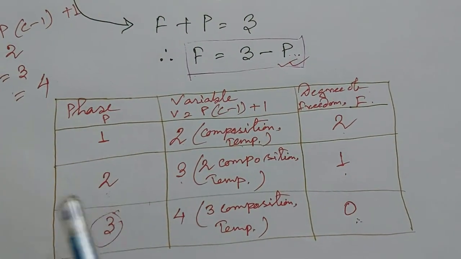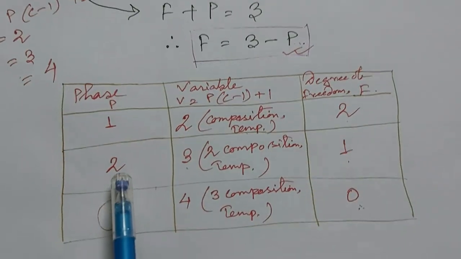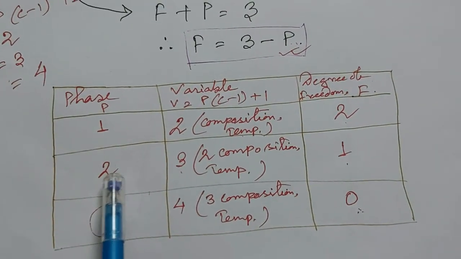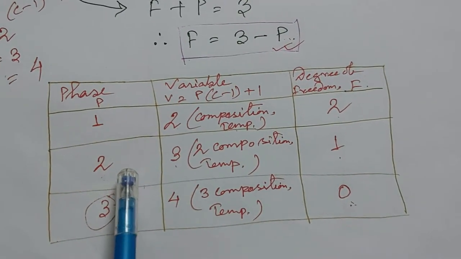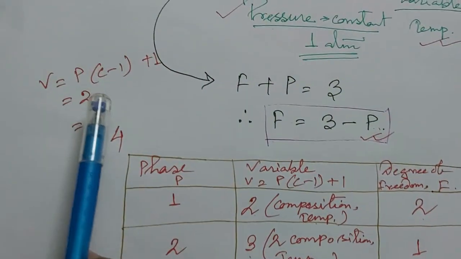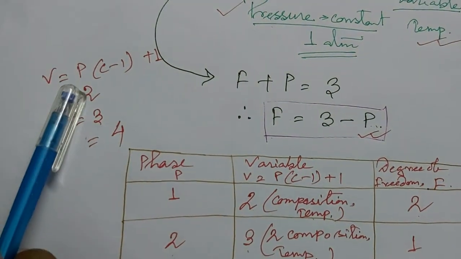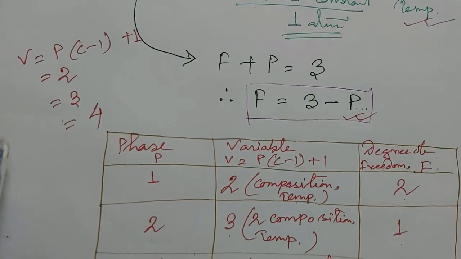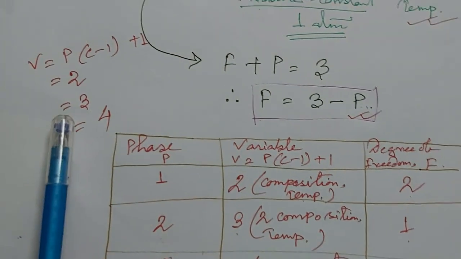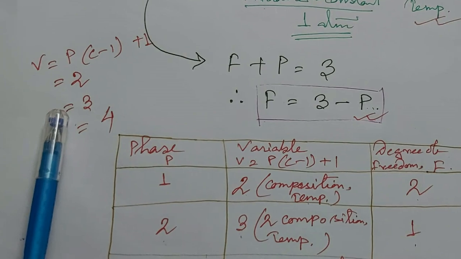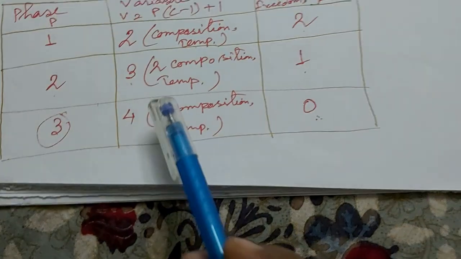Then if number of phase is equal to 2, by putting the value of p in this formula, we will get v is equal to 3. Number of variables is equal to 3.